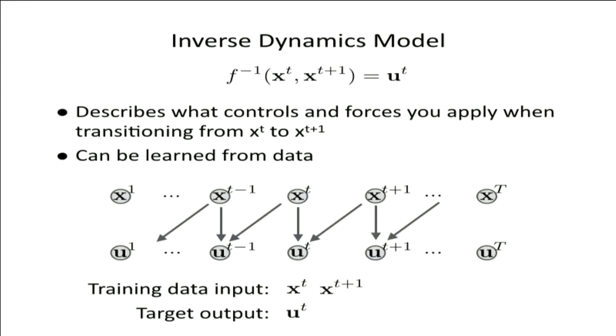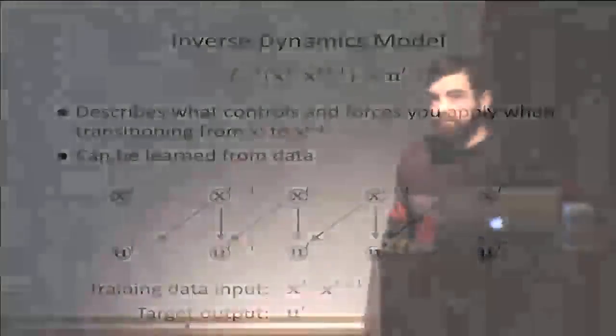Take the training data input as x_t and x_{t+1}, take your favorite function approximator, like a neural network, and make it recreate the targets u. But that might not be useful for the setting where x_t, x_{t+1} may lie outside the data, because the neural network will always give you an output even if it has never seen this pair. Sometimes a transition will just not be possible, so the answer should be no, there's no u.